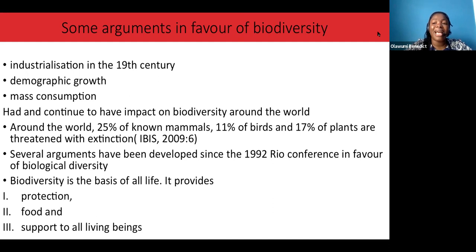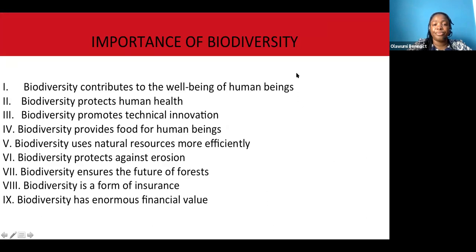So these are the reasons why there are a lot of arguments now in favor of biodiversity, because we know that our life depends on biodiversity: the air we breathe in, the food that we eat, our shelter, everything, the increase that we want to see in our farm, it all depends on biodiversity and how we handle it.